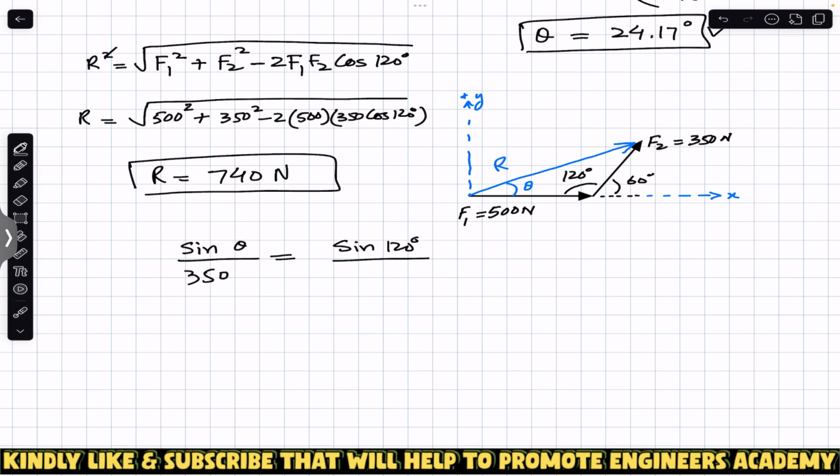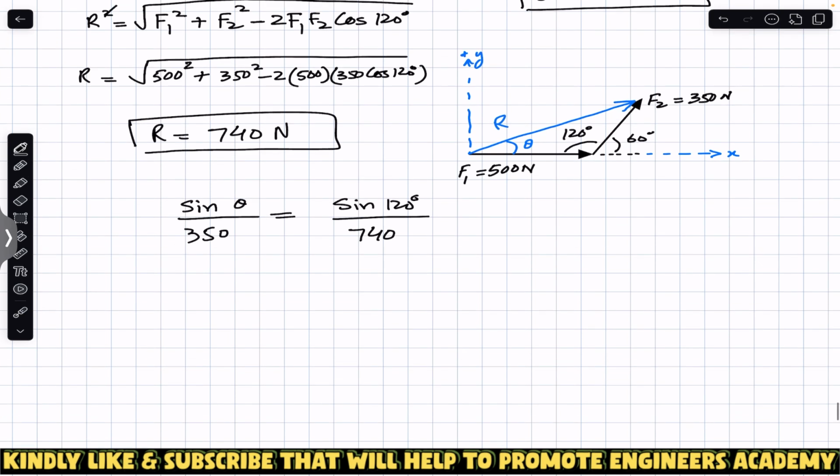So if I multiply both sides of the equation with 350, this will cancel out and we will have sine theta equal to that. And if we take sine inverse on both sides of the equation, we will be able to find that theta.